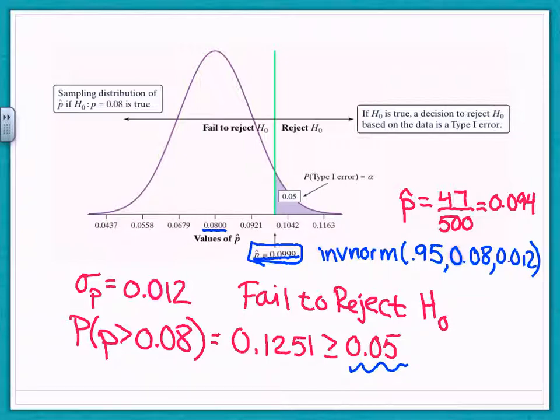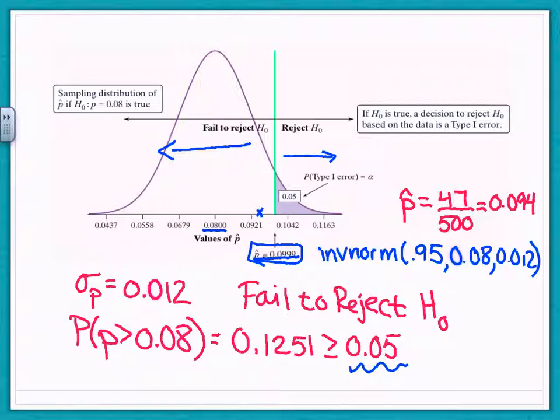You could see that anything to the left of that line is what we fail to reject, just like that 0.094, which would be roughly over there. Anything to the right of the line is what we're going to reject.